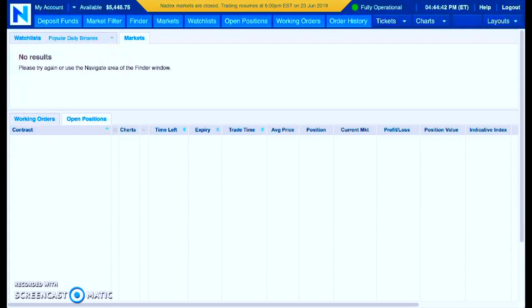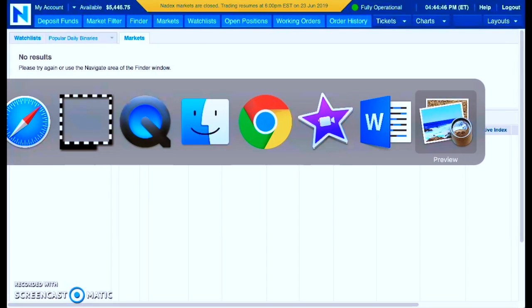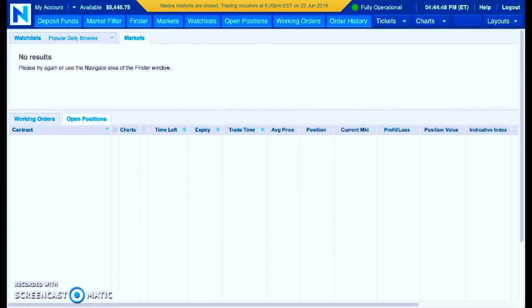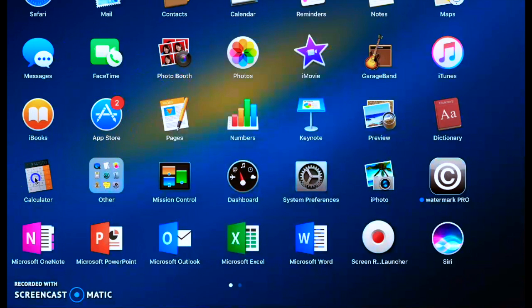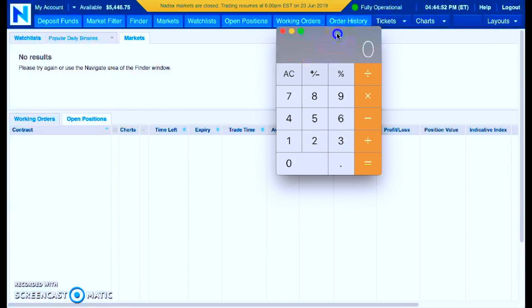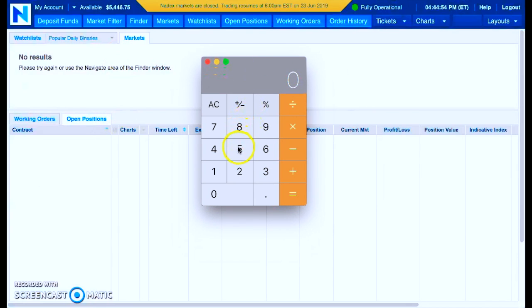So what I'm going to do is take the difference. Let me see if I can get my calculator. Okay, I'm going to take the difference between the 54.46.75 and 3,000, because 3,000 is what I'm going to keep stationary in the account.